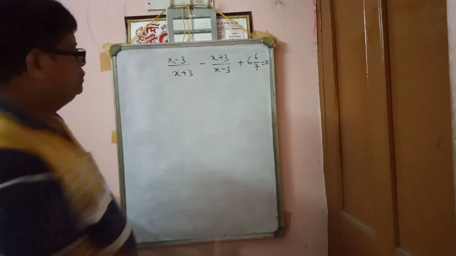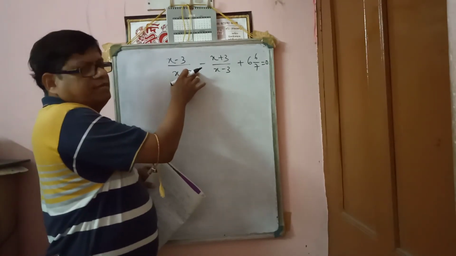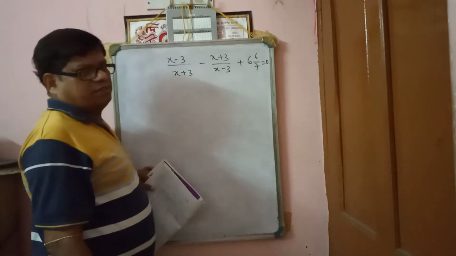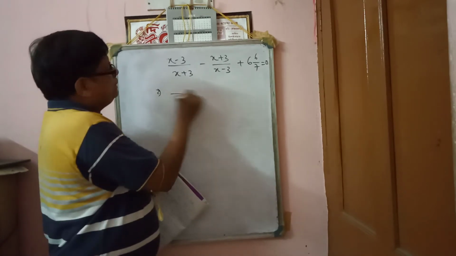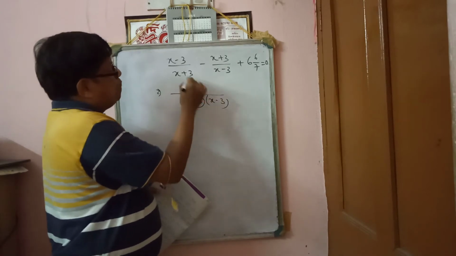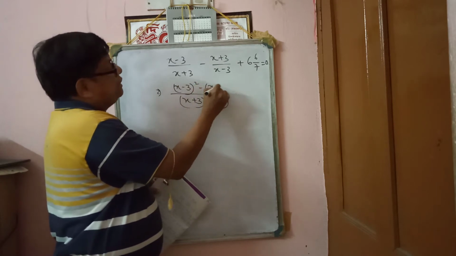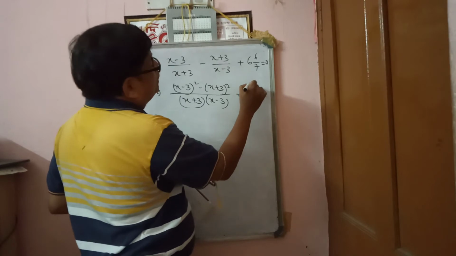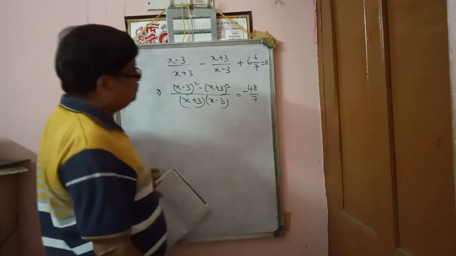See, suppose you consider this is a, so this part will be minus 1 by a, or directly you can do it. The LCM you can write as x plus 3 into x minus 3. So x minus 3 whole square minus x plus 3 whole square equal to 48 by 7.